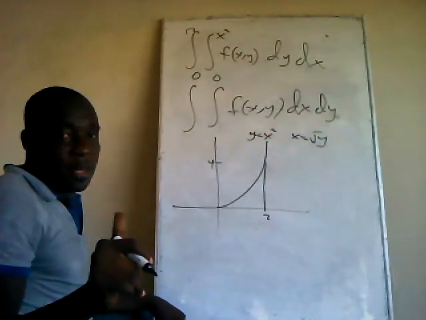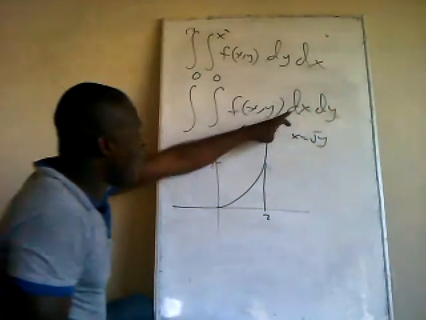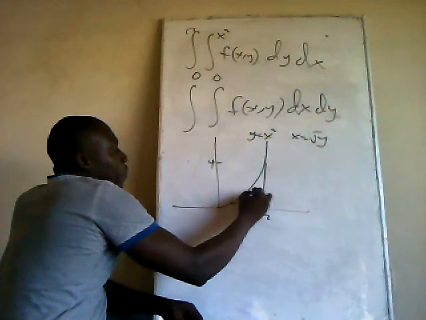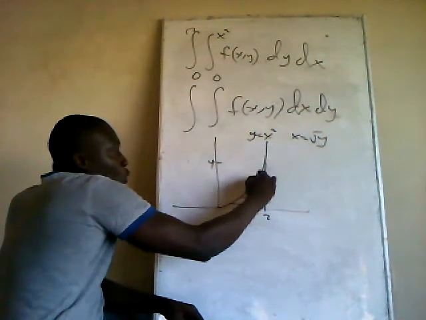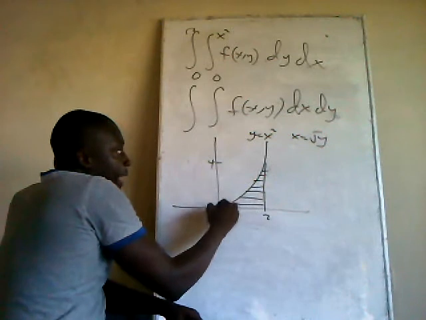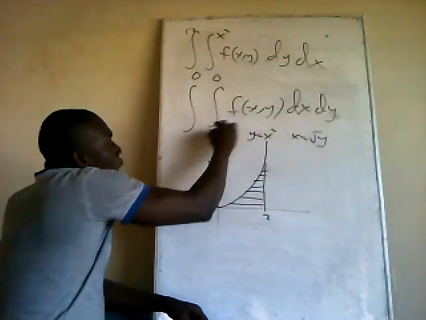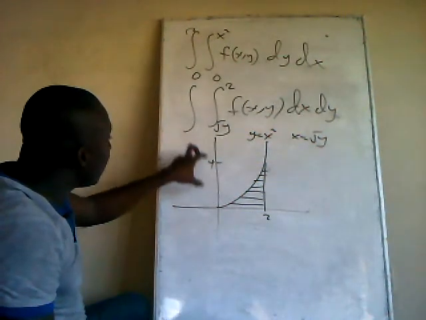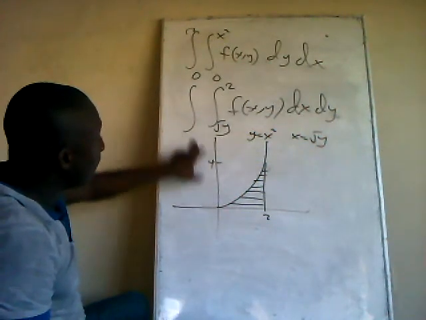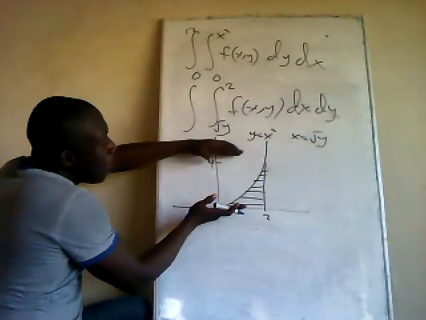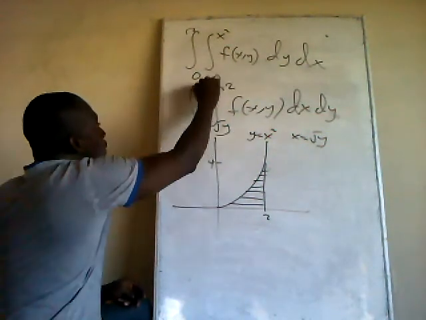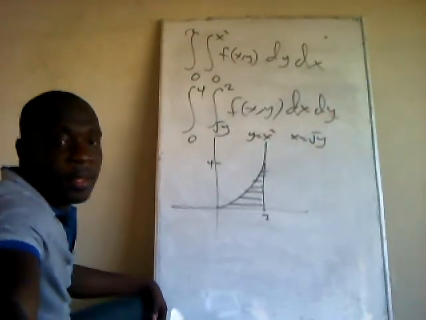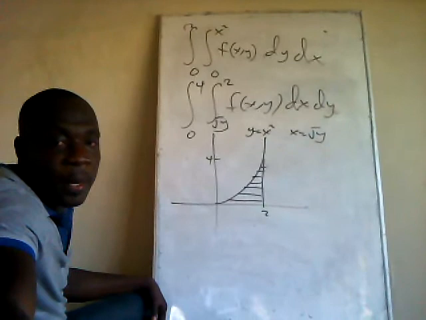Here I slice in the x direction because it's x first, right? And in slicing, I'll move from the curve to this line, which is x equal to 2. I move from the curve, which is the root of y, to x is equal to 2. And the interval on the y-axis that holds my region in place will be from 0 to 4. I hope you got that one.